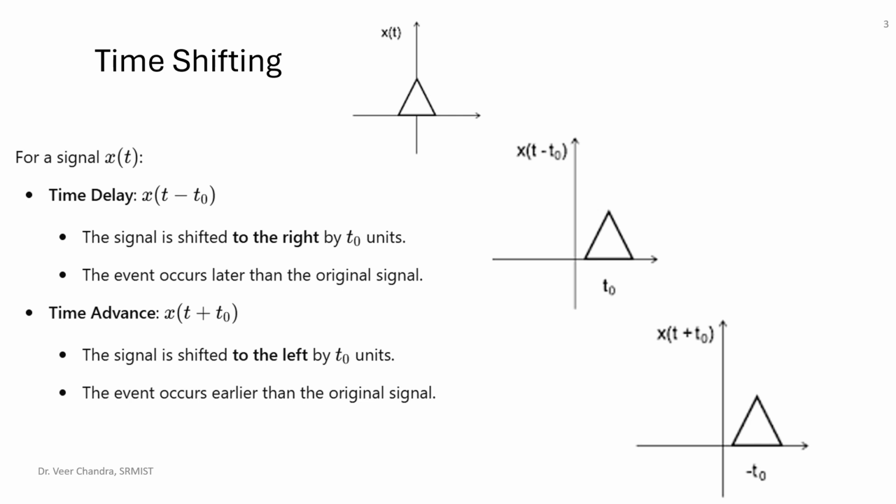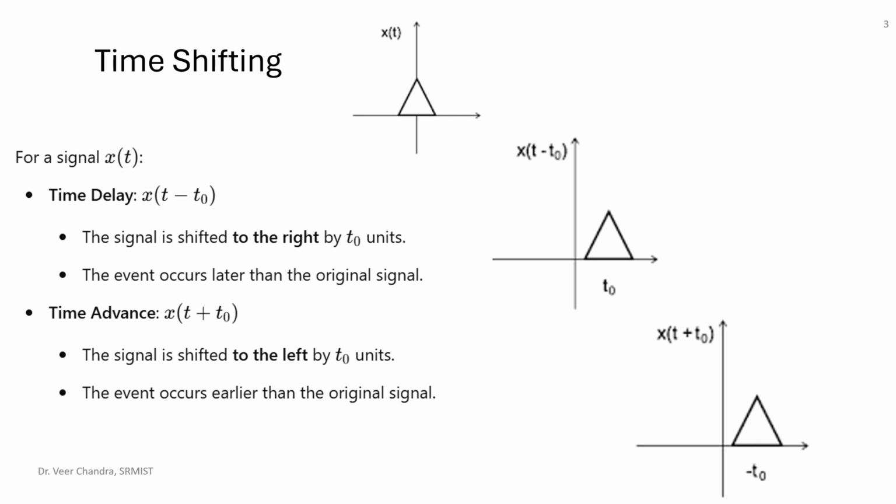We can shift a graph in two directions, either in the positive direction or in the negative direction. If we are shifting in the right direction, that is the positive direction, it can be expressed by x of t minus t naught. Why is it so?